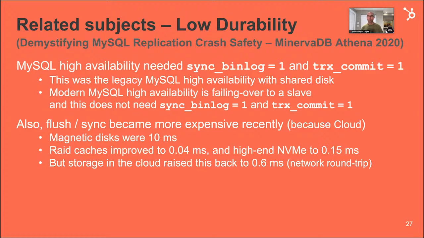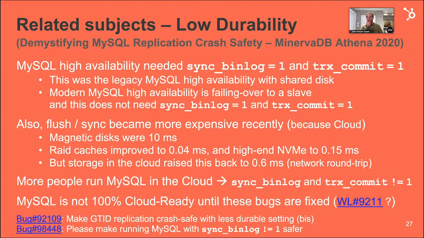It takes 0.6 millisecond. So in the cloud, running with sync_binlog and trx_commit equal 1 is not super fast. So a lot of people in the cloud are running MySQL with sync_binlog equal 0 and trx_commit equal 2.